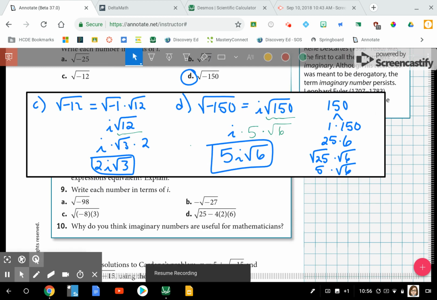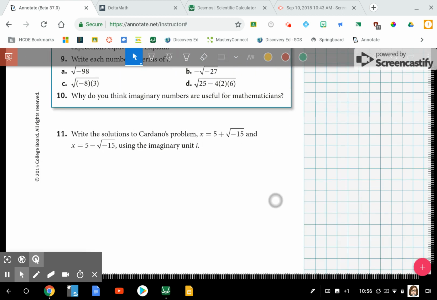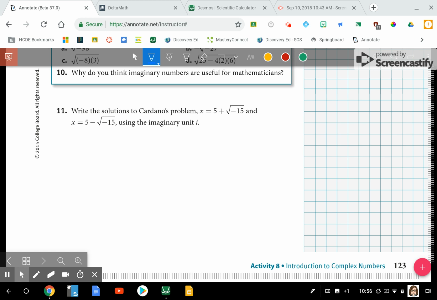Okay, the last thing we're going to look at is identifying real versus imaginary parts in a complex number. So let's go back to those two roots that we had earlier, where we had x equals 5 plus the square root of negative 15. Well, we can now write that knowing that this term right here has a negative. We can now write that as an imaginary.